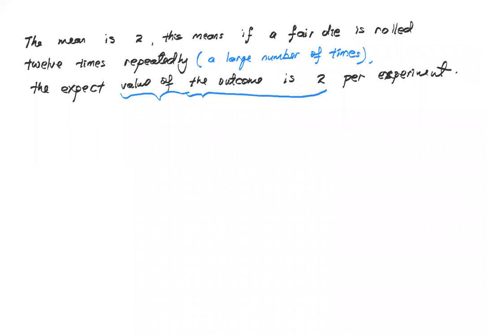So what you can do is: the expected number of getting a 6 out of 12 rolls is 2. That will be a very good statement because it's contextual, according to the context. So this is not good.